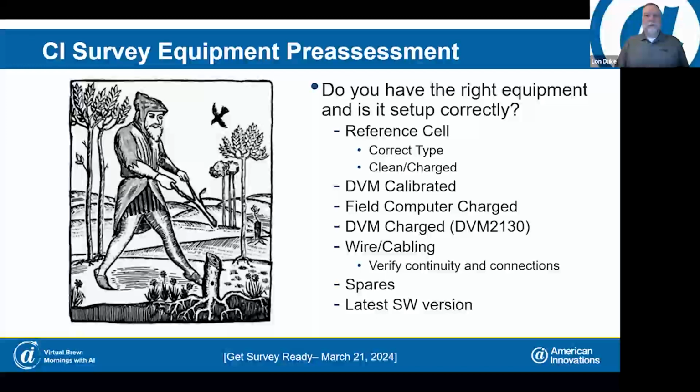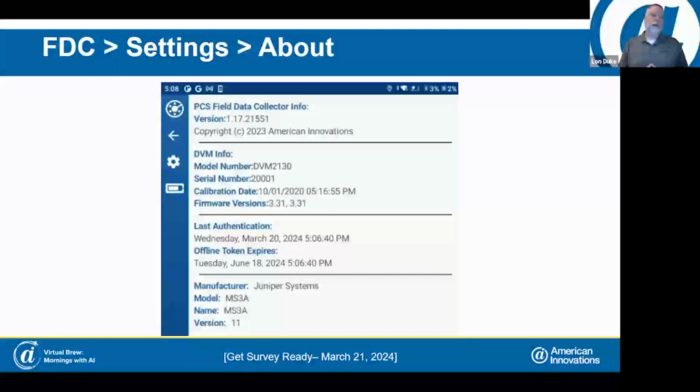So the latest software, if you are in your FDC app and you go over to the settings and the about, you can look for your latest software. Our latest version out right now is 1.17. We will be coming out with a 2.0 later on this year.